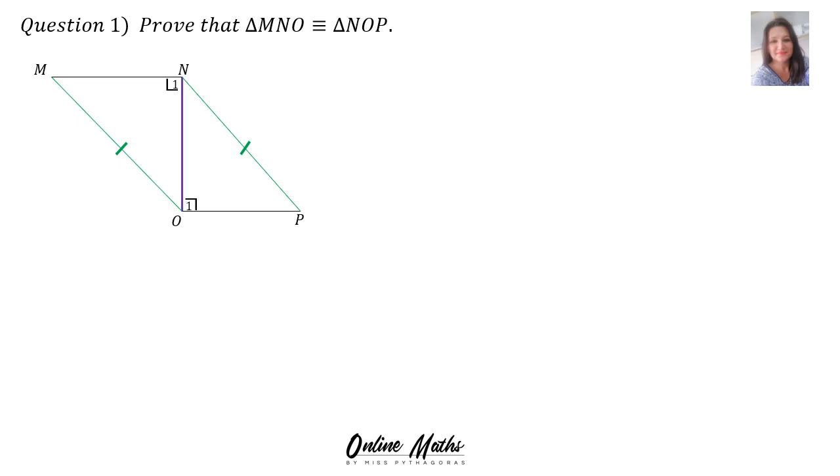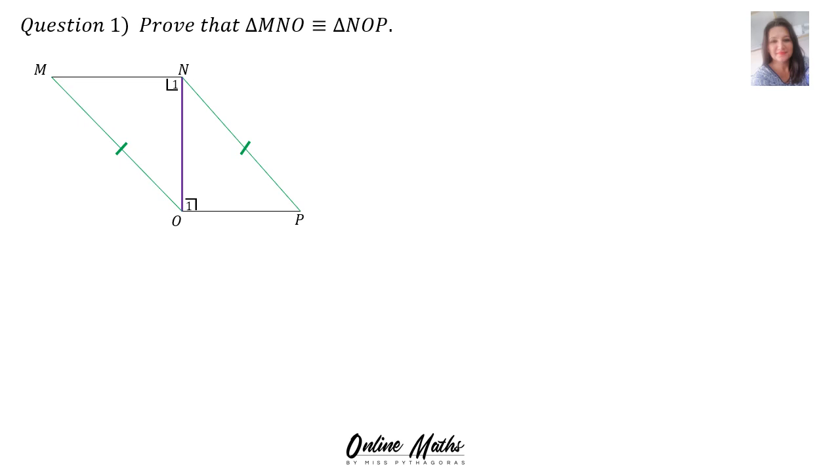Question 1. Prove that triangle MNO is congruent to triangle NOP. Now when you go to your 2 triangles, you can see that side MO is equal to side NP. That's given with a little green stripe on top of the side.